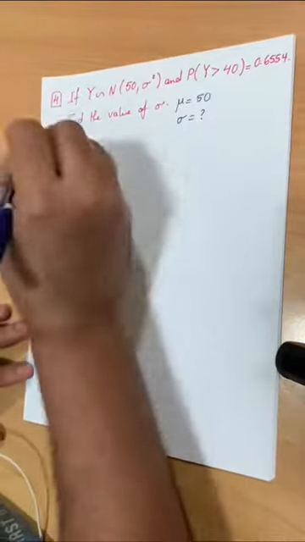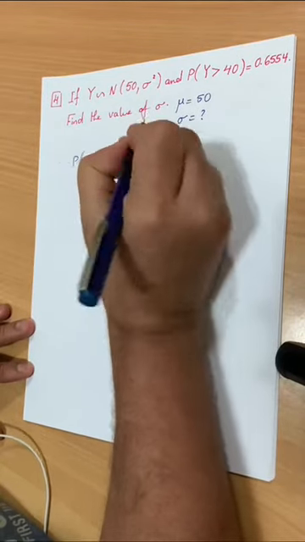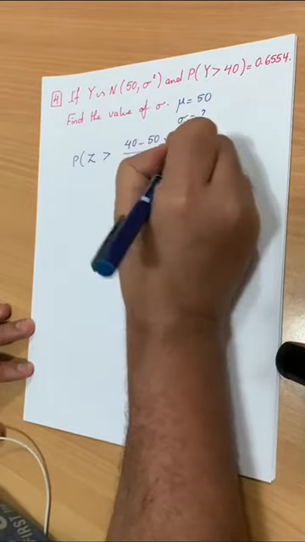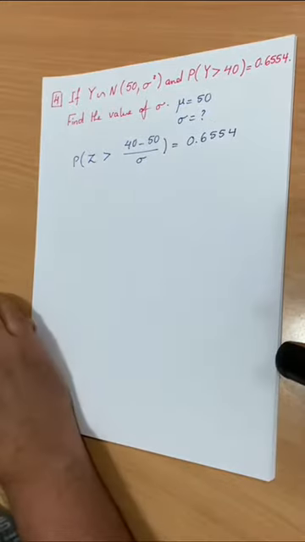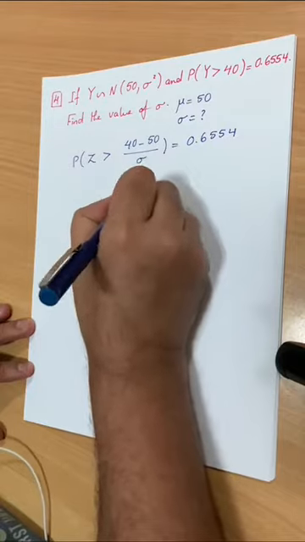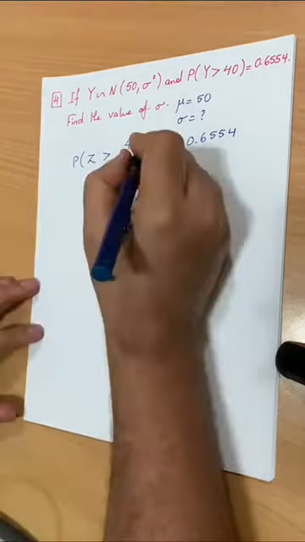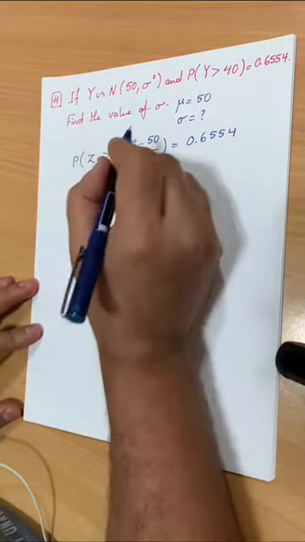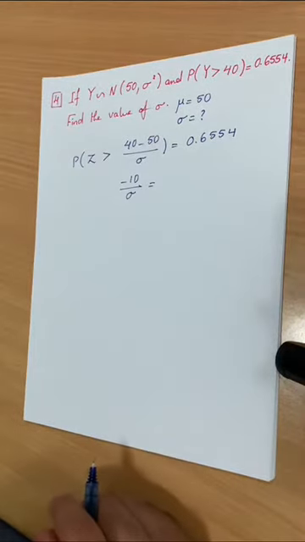So probability of Z more than (40 minus 50) over sigma is equal to 0.6554. Now 40 minus 50 is negative 10, so negative 10 over sigma. Now more than and table value, which means this part has to take a negative value. How do you know it's a table value? Because it's more than 0.5.